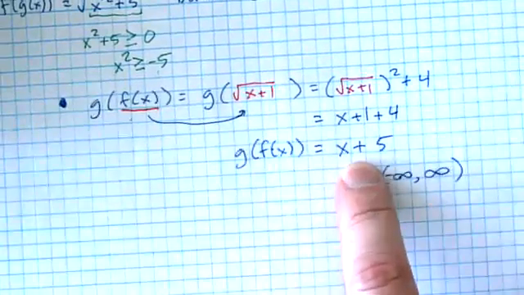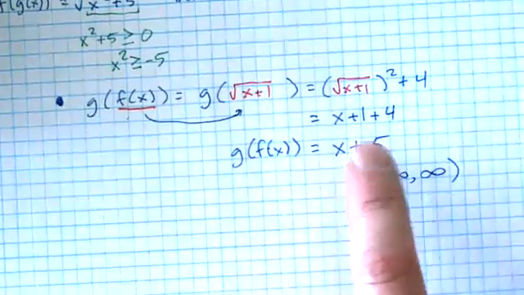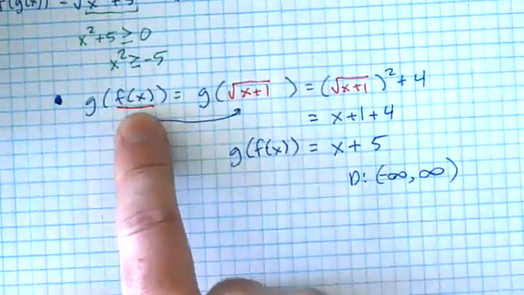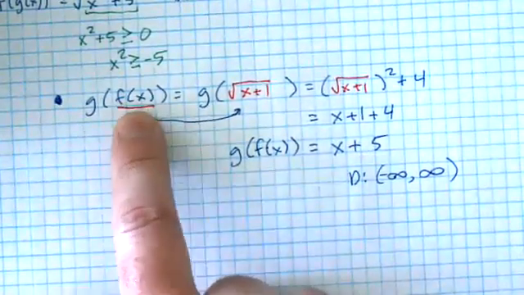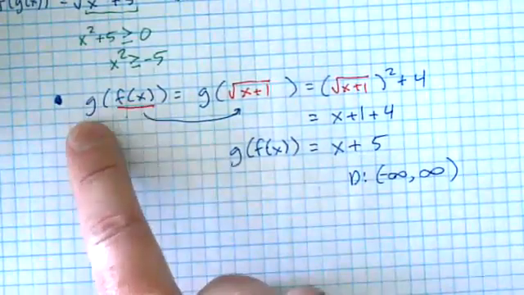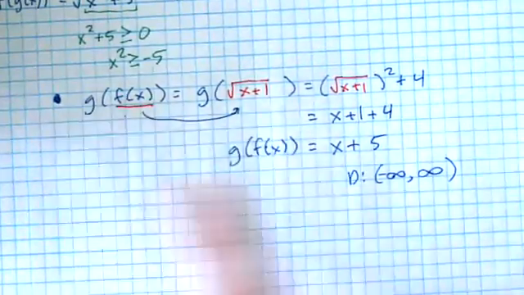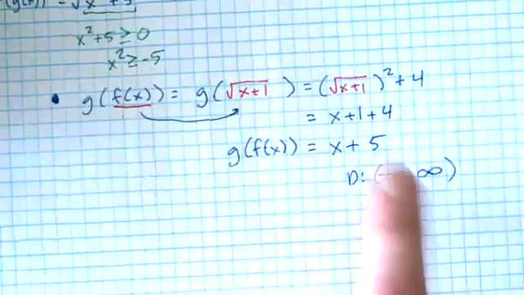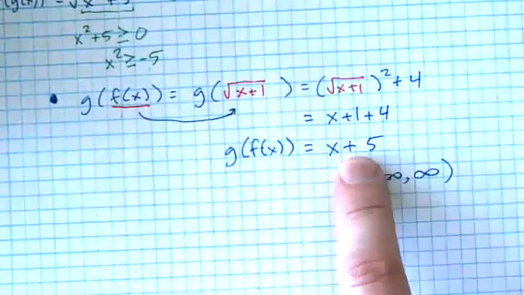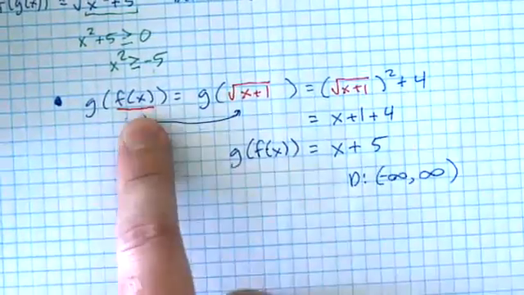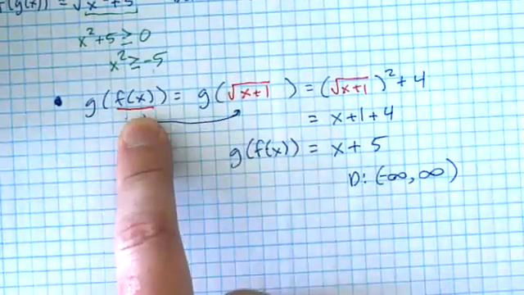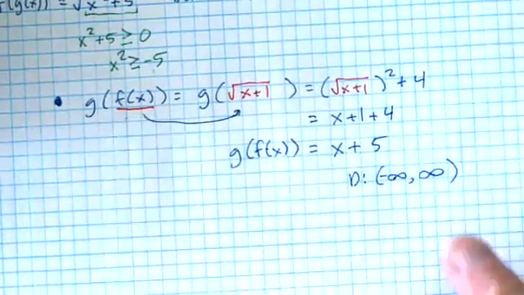We also have to look at the individual pieces. Whatever we put into this is going to go into our f function first and then into our g function. We look at the final output in its domain, but we also have to be conscious of the domain of the inner piece.